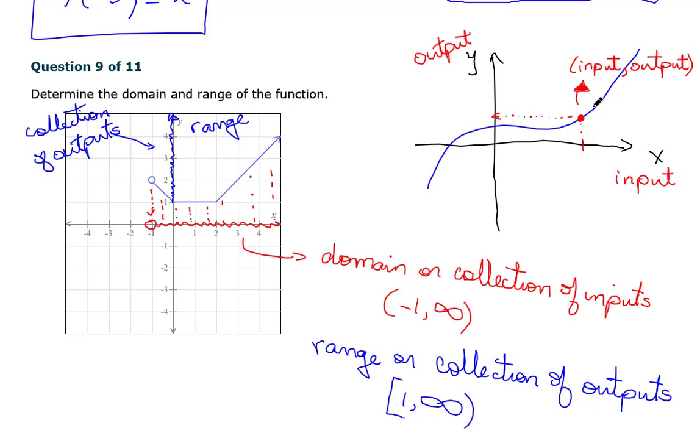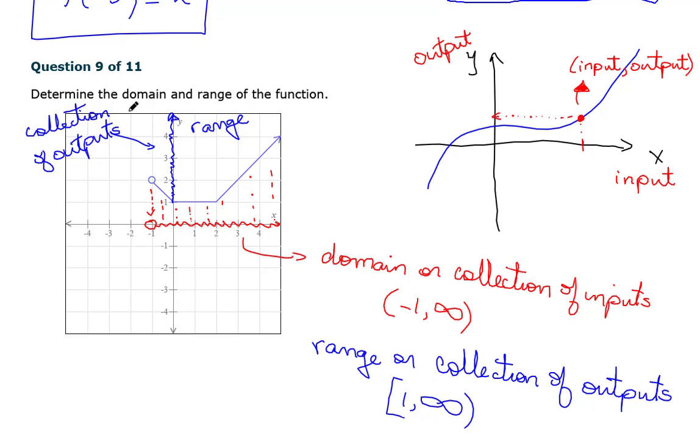When I look at the points along the graph, they are not the output. The points that live on the graph are a combination of input and output. So if I take this input, the output actually lives there on the y-axis.